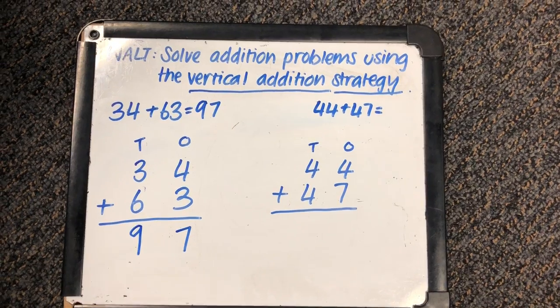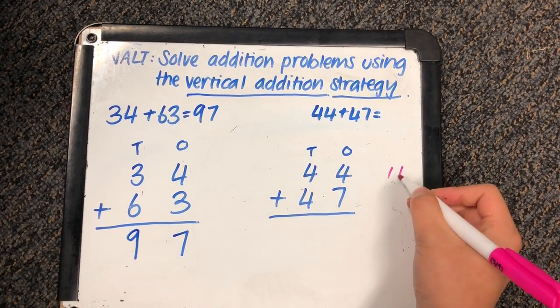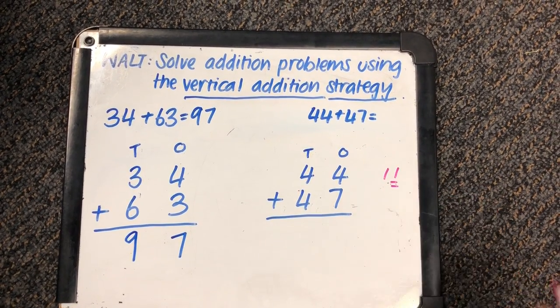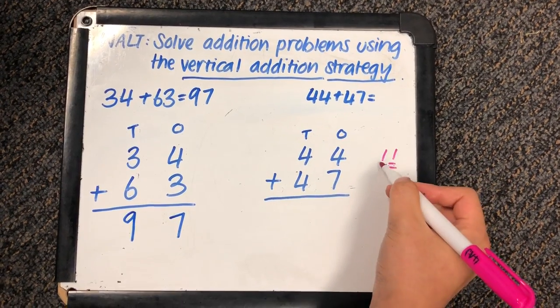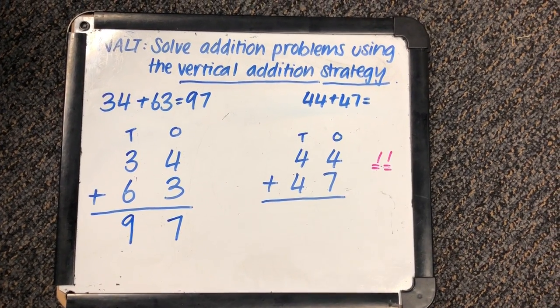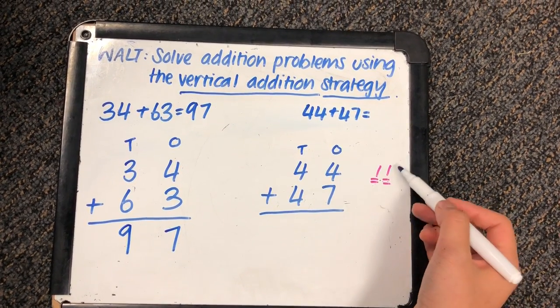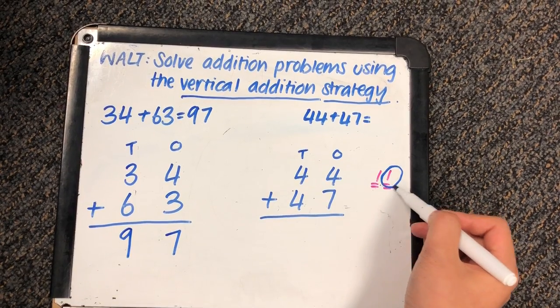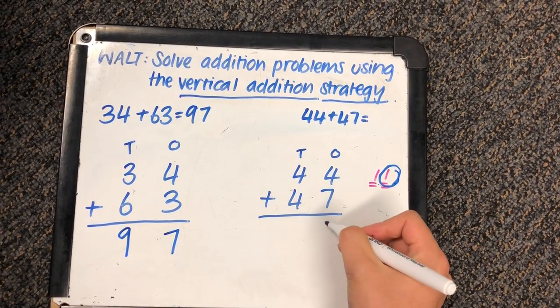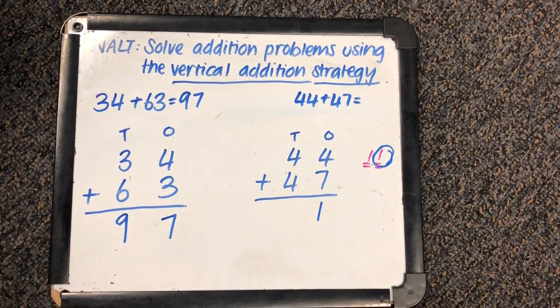All right, and when I look at the number 11, I have a 1 in the ones column and a 1 in the tens column. So I'm going to take that 1 that's in the ones column and put that there.